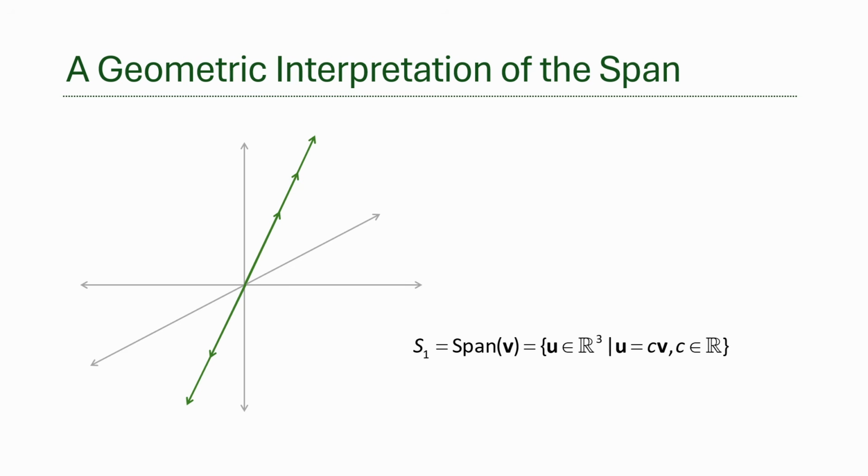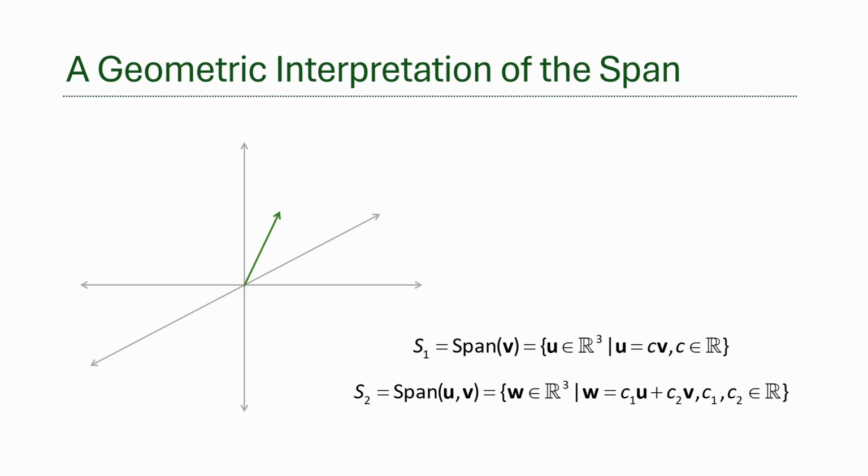Okay, so let's say we expand on this. Instead of thinking about the span of one vector, we think about the span of two. What's that going to look like? Well, again, let me add a hypothetical second vector here. And what we want to do is multiply these two vectors by scalars and add them together. Remember, adding vectors, we have this parallelogram rule. So if I add these two vectors together, the result is going to be this vector here.